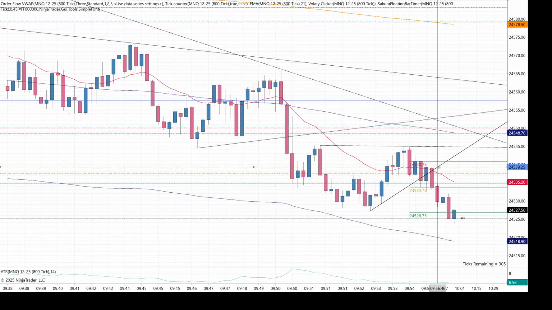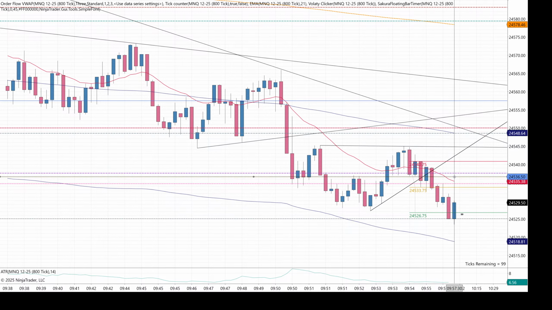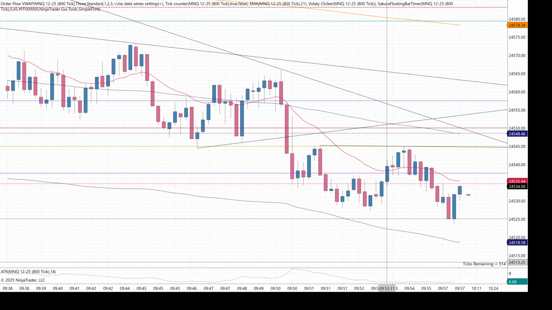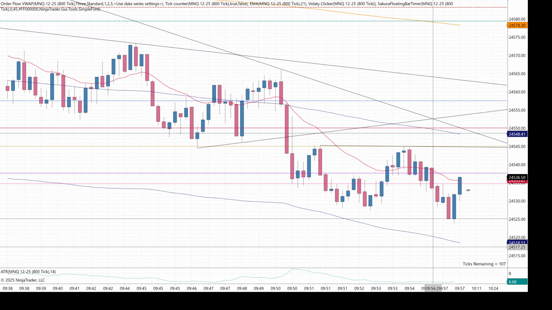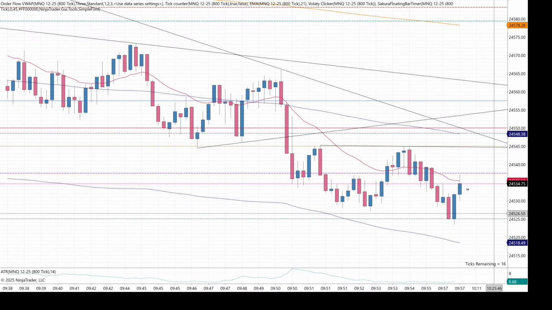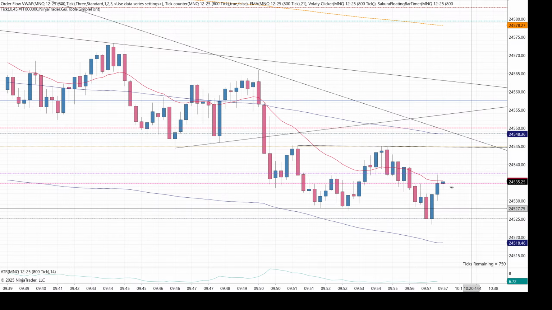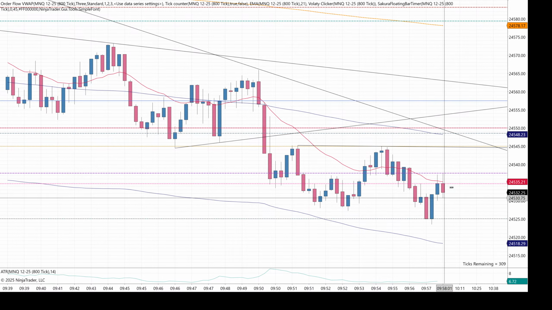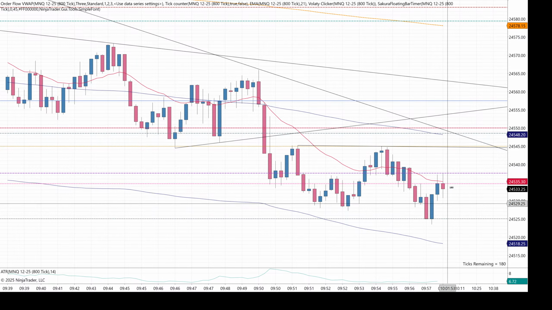All right, so the runner, we just tested the overnight low. And the runner's taken out. Okay, this is the overnight low right here. This would be a signal to go south if we get it. Or north.